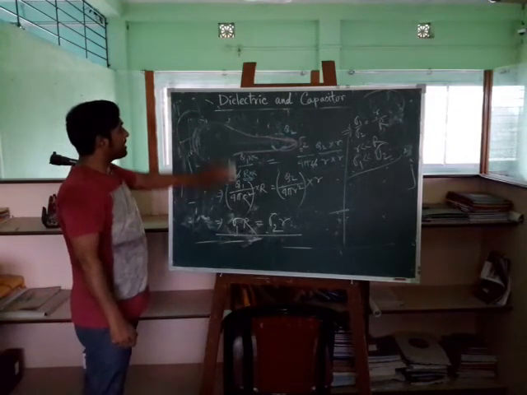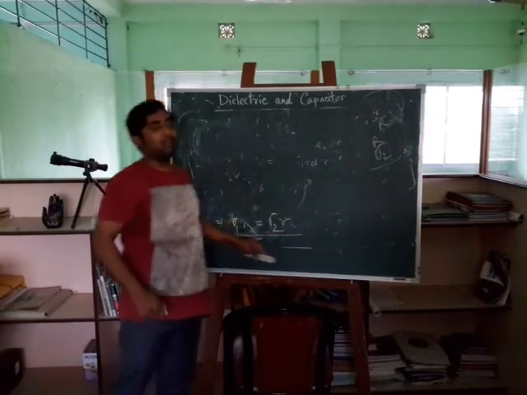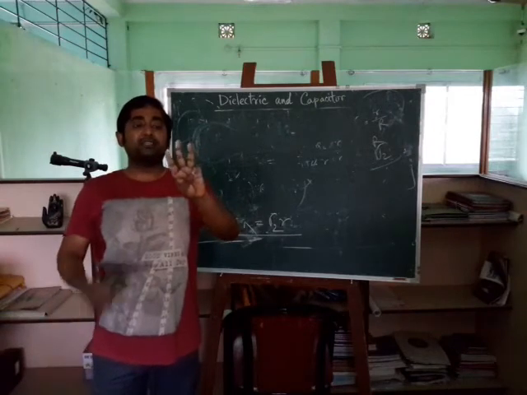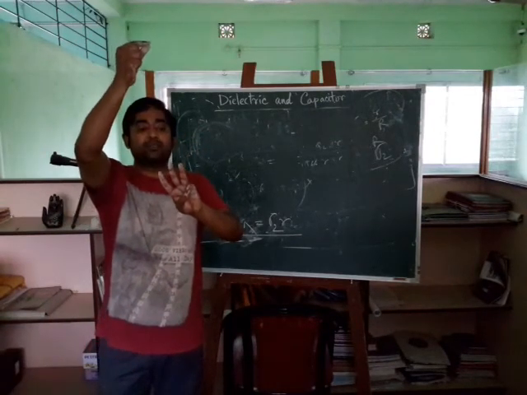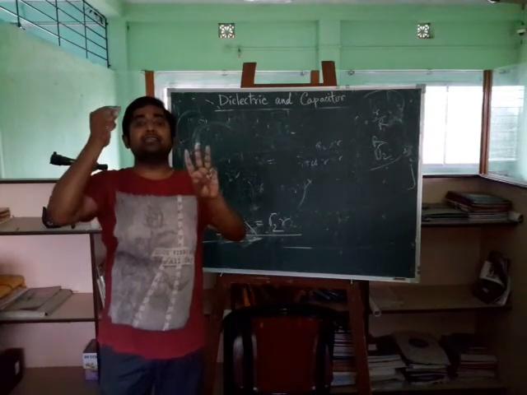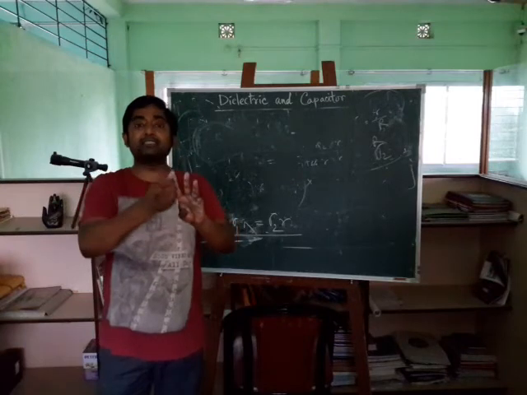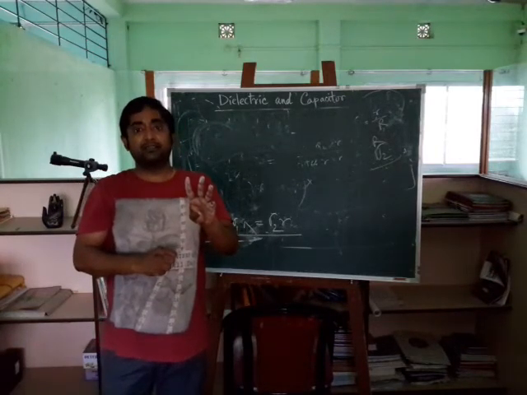So if we have a conductor with a pointed needle, like on the top of the houses we have this trident, during lightning this tip has a very high charge density, so the electric field here is very high.